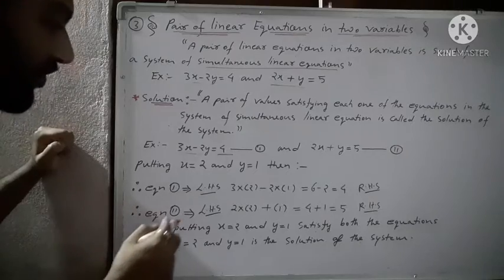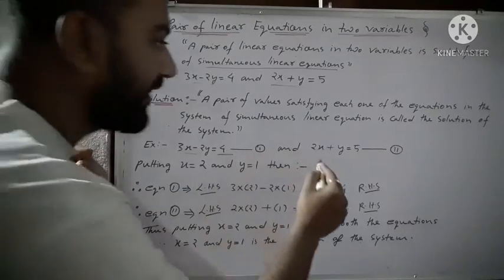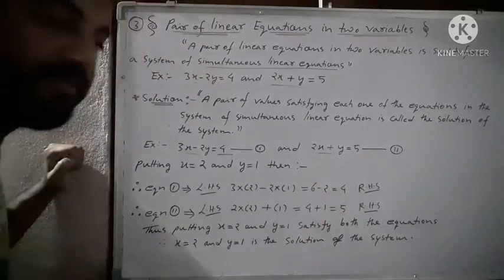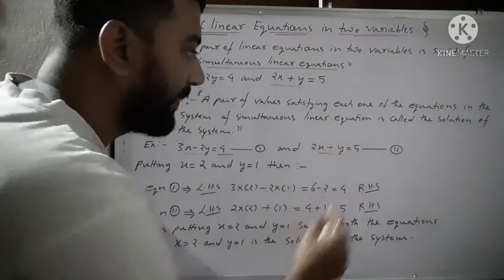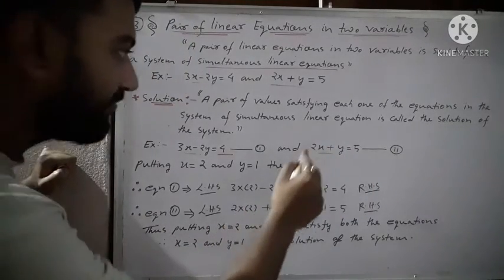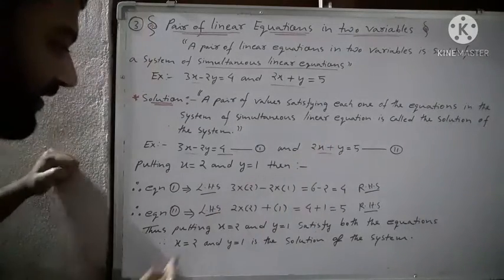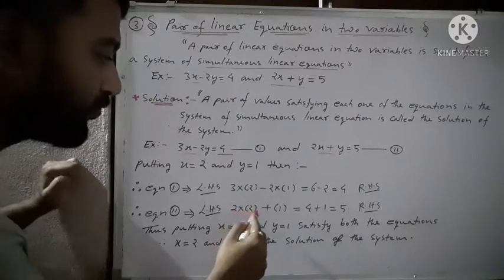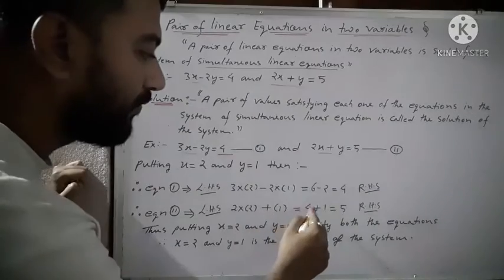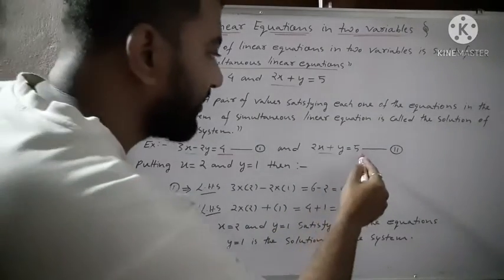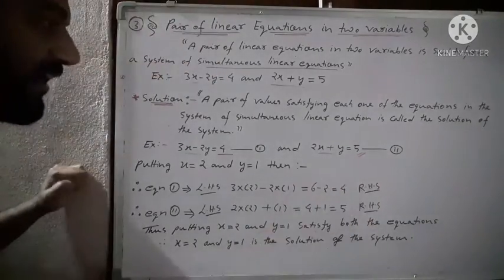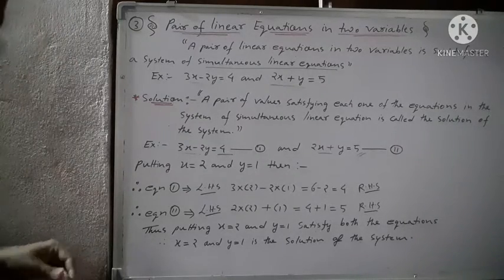Again the second equation: consider the LHS part, that is 2x plus y. If we substitute 2 in place of x and 1 in place of y, let's see what will happen. 2 into 2 plus 1 gives 4 plus 1 is equal to 5. So the RHS part is 5. Therefore the second equation is also satisfied.